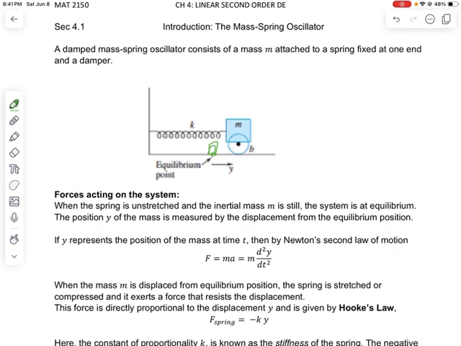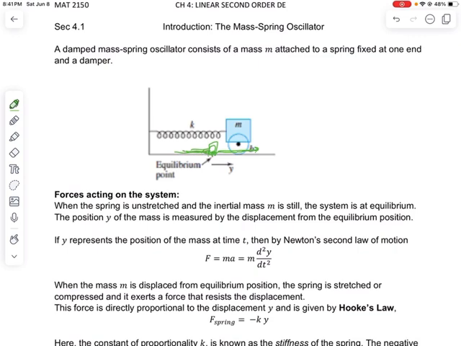But when it is moved, stretched and released, the spring tries to get the mass back onto its equilibrium position, and then the velocity and the momentum force it to go the other direction, and then the spring again tries to get it back to the equilibrium position, and so the oscillations start.